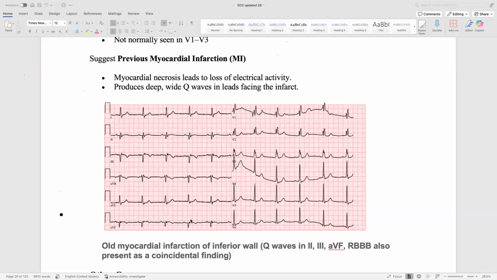Inferior. That is why it will usually be in leads 2, 3, and aVF. Actually here, aVF is a deep Q and small s. In 3, same.